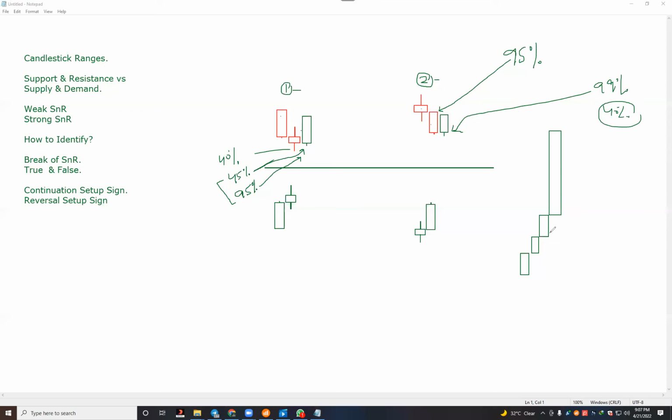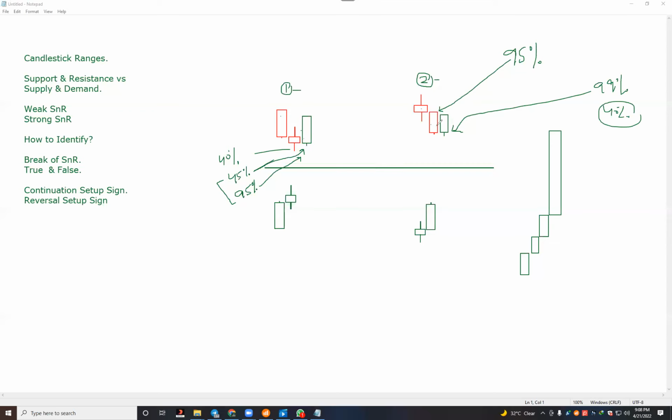So now tell me where the buyer is strong, with confidence: on setup number 2 or setup number 1? Number 1, because the sellers are weak. Number 2, we don't know if it's 45% or 95%, there is nothing to tell us.